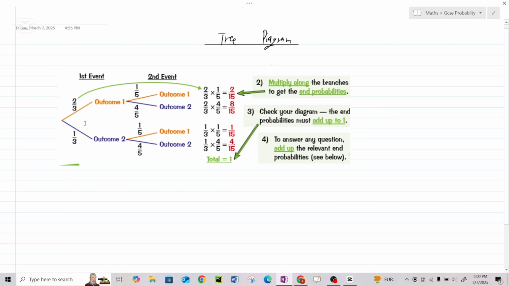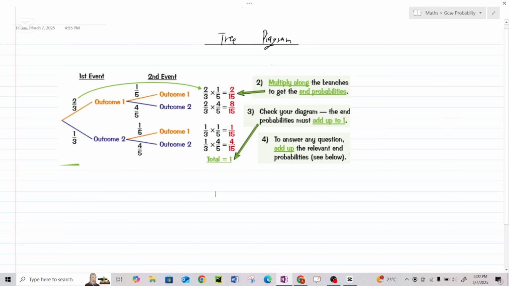Now if you get outcome 1 once, the probability of you getting outcome 1 again is 1 by 5, and the probability of you getting outcome 2 is 4 by 5. This is just an example. Don't think about why we get 2 by 3 then 1 by 5. Just focus on what we're doing right now. And for outcome 2, the probability that I get outcome 2 again is 4 by 5, and if I get outcome 1, I have the probability of 1 by 5.